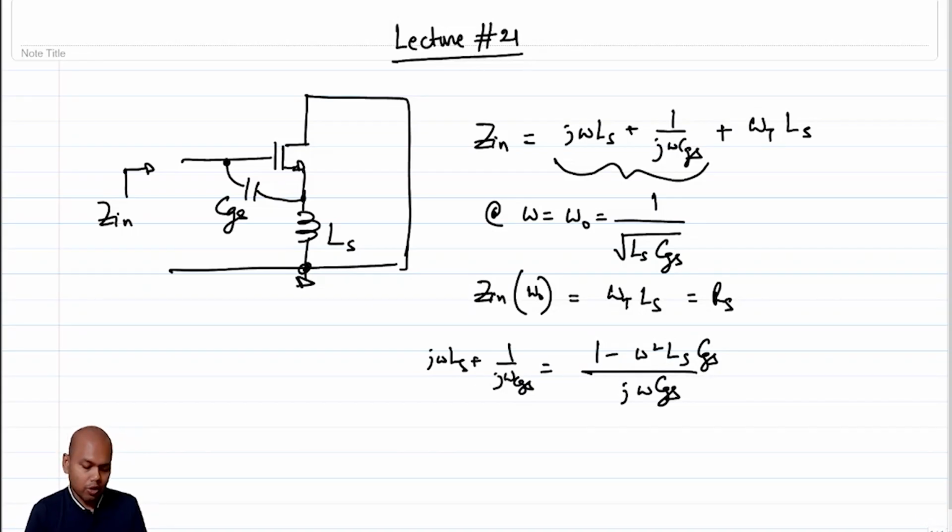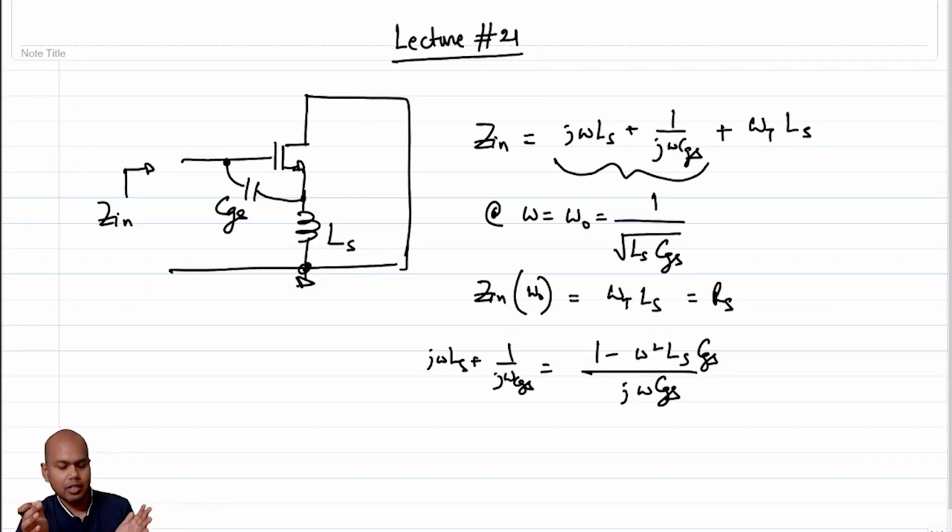So if you are at omega square equal to 1 over Ls CGS, then sure it is 0, but the moment you deviate, you are still getting an imaginary term, but it will not suddenly blow up to a very large value. So it can still be much smaller than that 50 ohm mark. Maybe 1 ohm, maybe 2 ohm, I don't know.